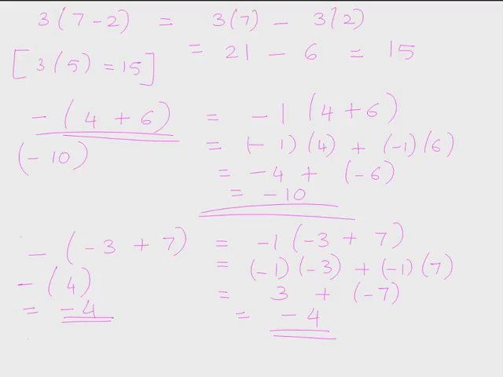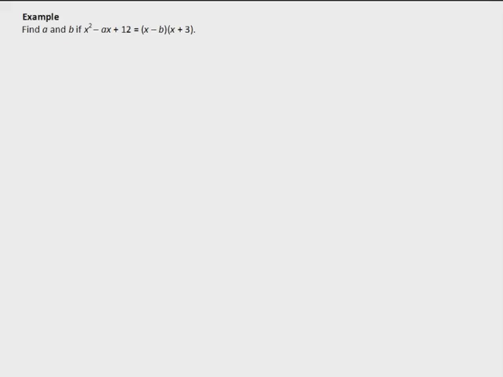We shall use the distributive property not for integers but for algebraic expressions. Find a and b if x squared minus ax plus 12 is equal to (x minus b) into (x plus 3). Okay, so this is a quadratic expression. We have powers of x from 2, 1 and 0. Remember that x is the variable here and a and b are constants.